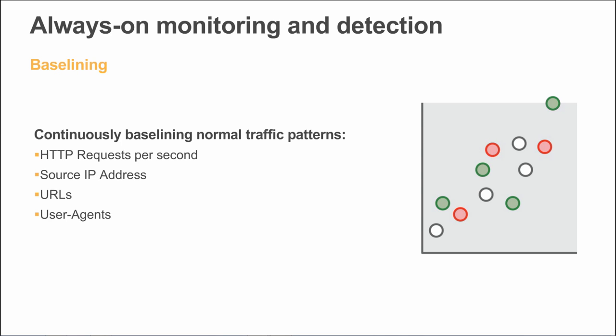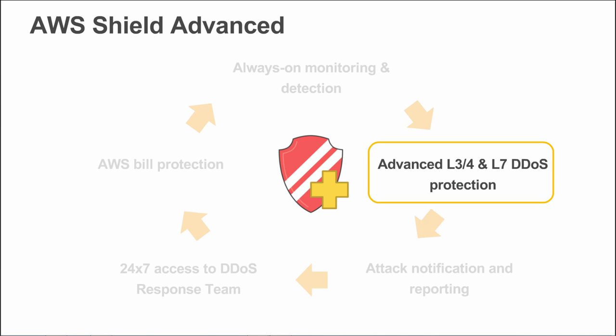We form baselines on a number of dimensions like HTTP requests per second, source IP addresses, URLs, and user agents. And when there are deviations from these baselines or normal patterns, we identify them as suspicious, provide notifications, and take actions on it. Okay, so that was always-on monitoring and detection.